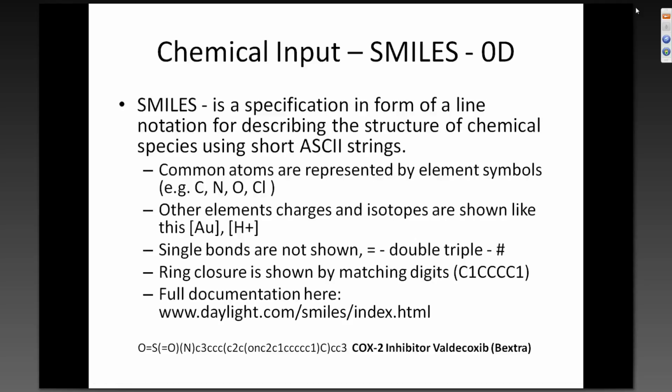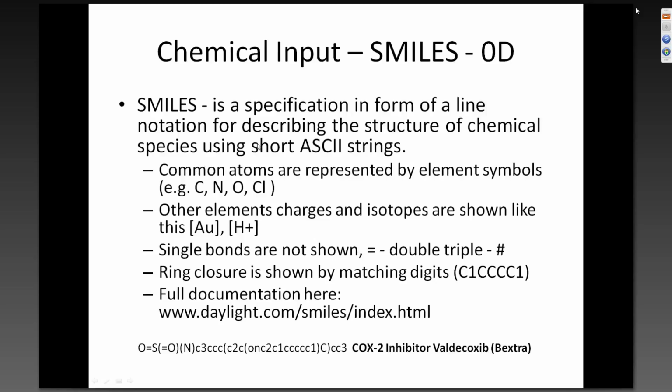So, how can we add information to ICM Chemist? We have what we call 0D structures. So these are SMILES strings, and here's a SMILES string for a COX-2 inhibitor called Bextra. And SMILES stands for Simplified Molecular Input Line Entry System.